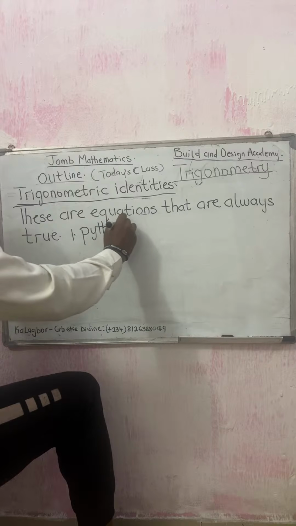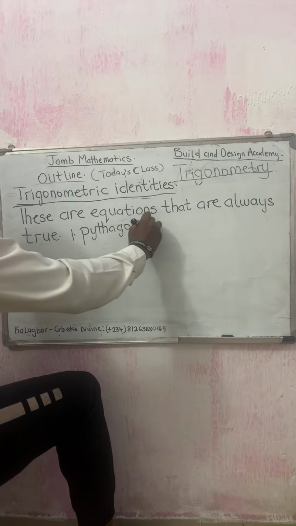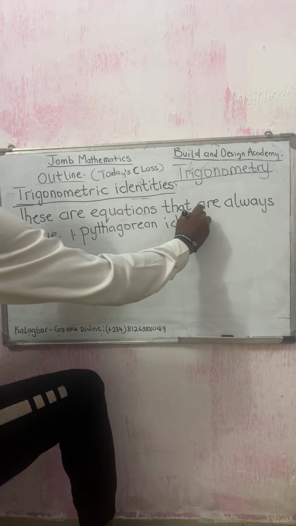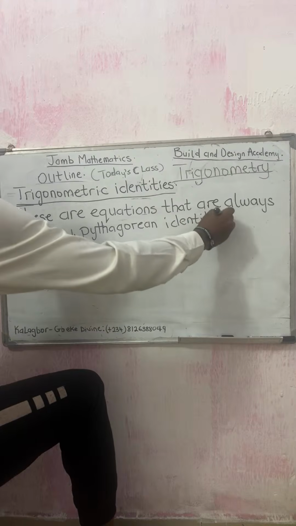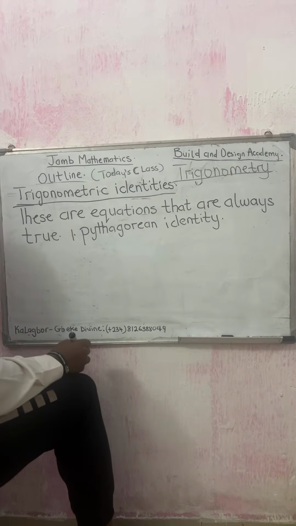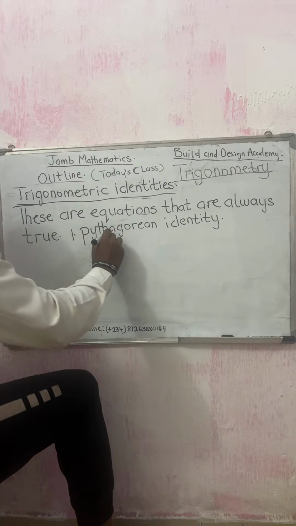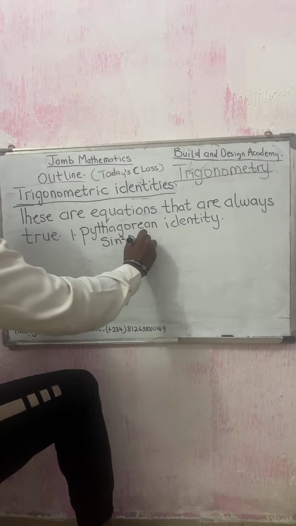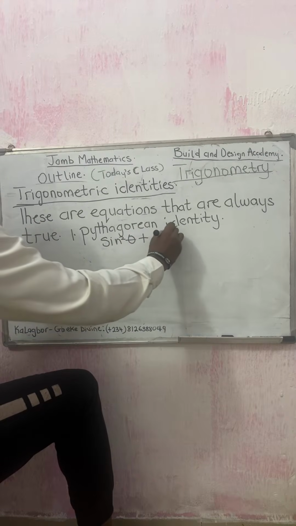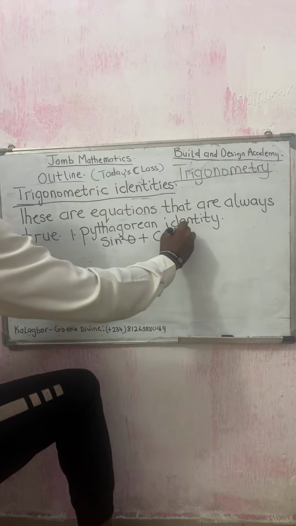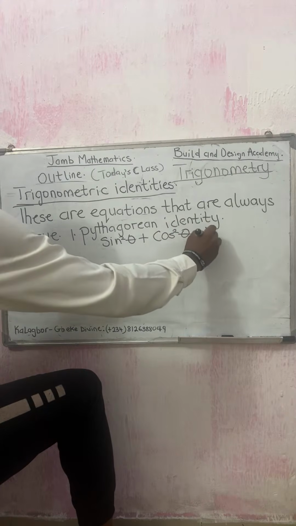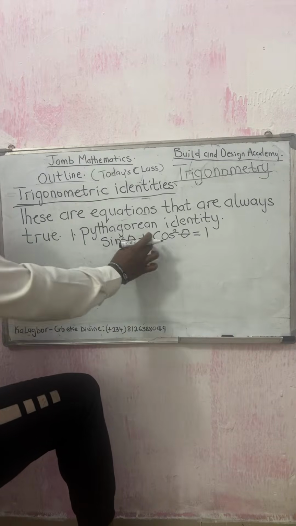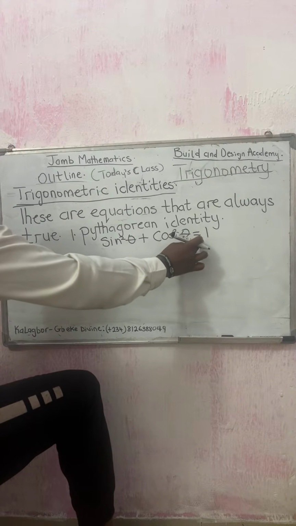For this one, we have that sine square theta plus cos square theta is equal to 1.